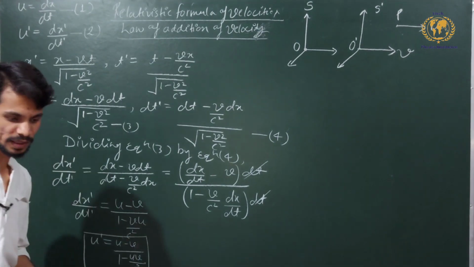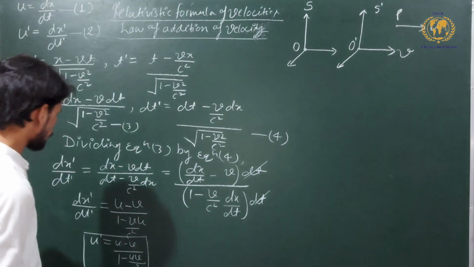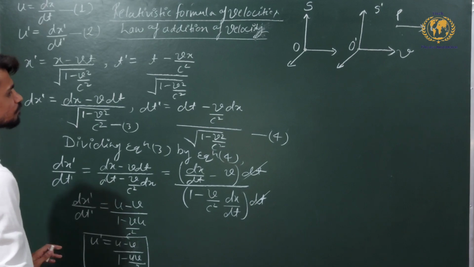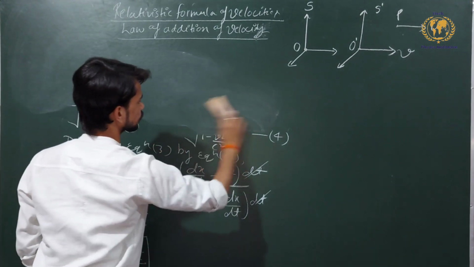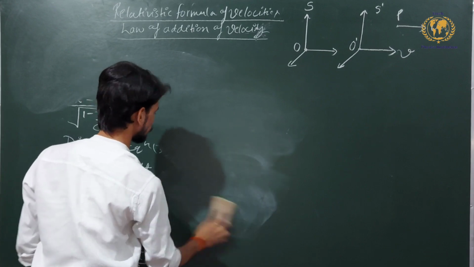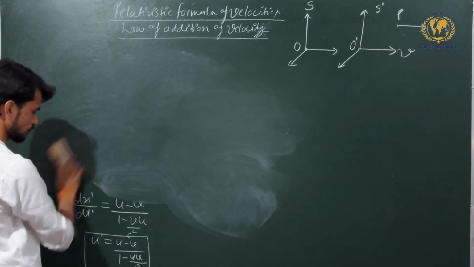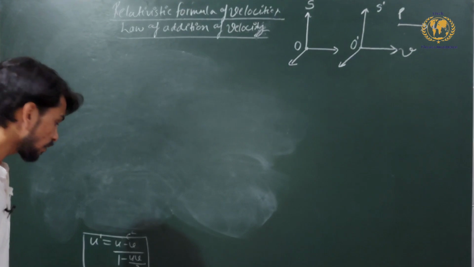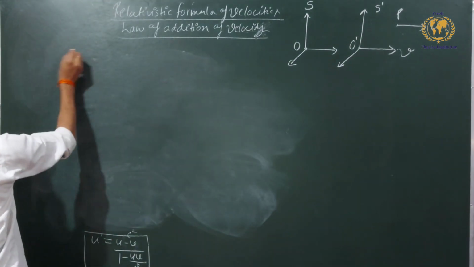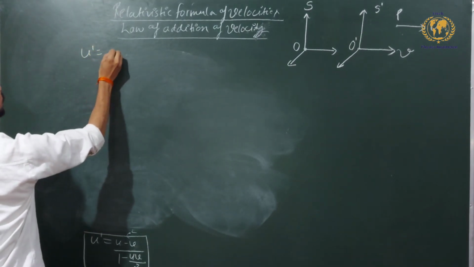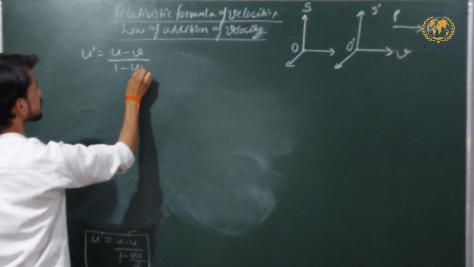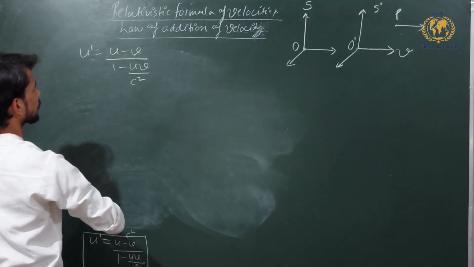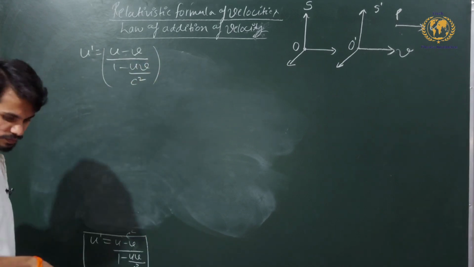Let's talk about that. So I am writing this formula again here. The formula is u dash equals u minus v divided by 1 minus uv upon c square. This is our formula.